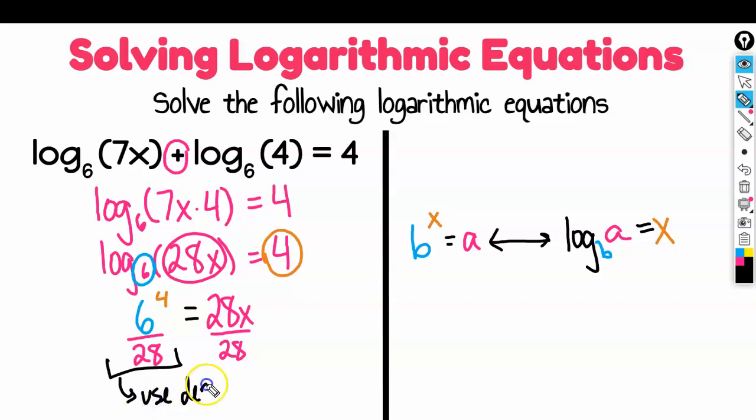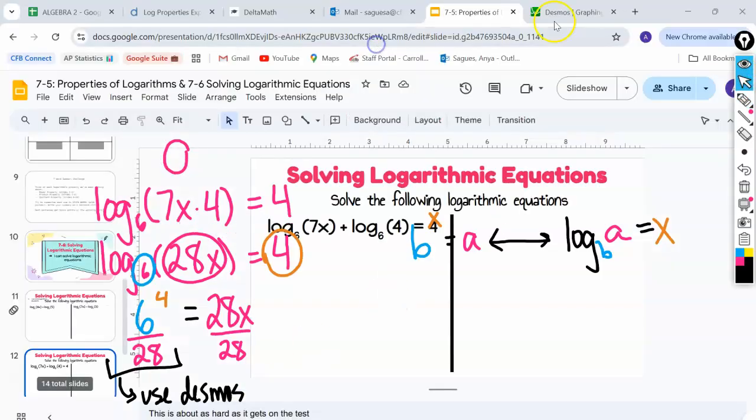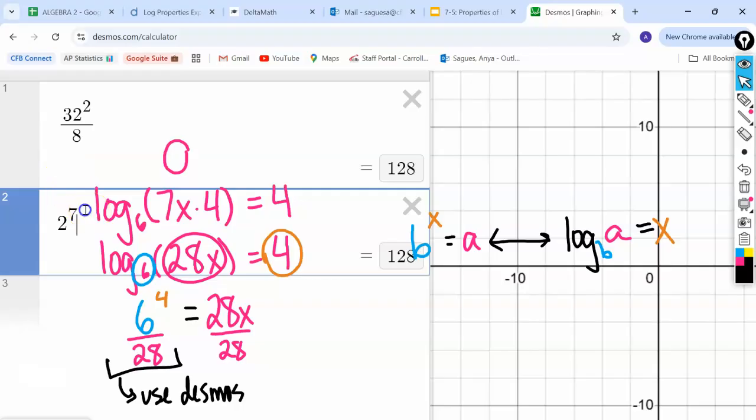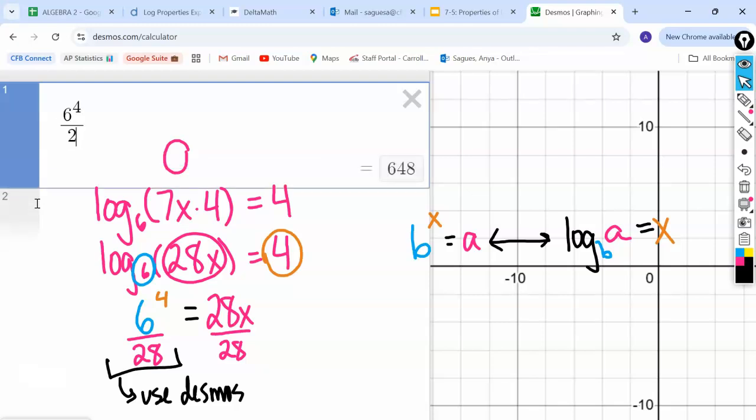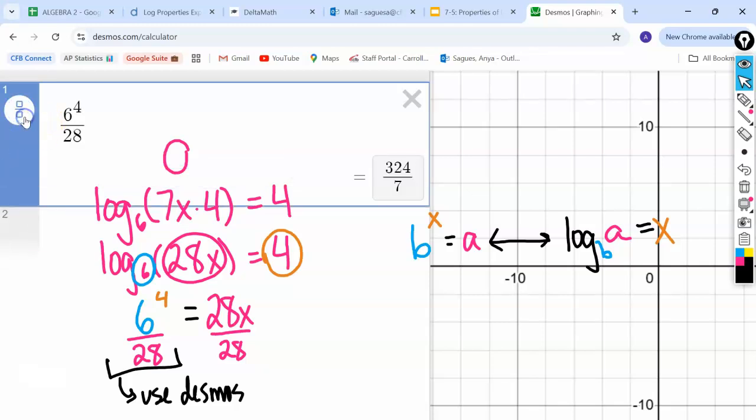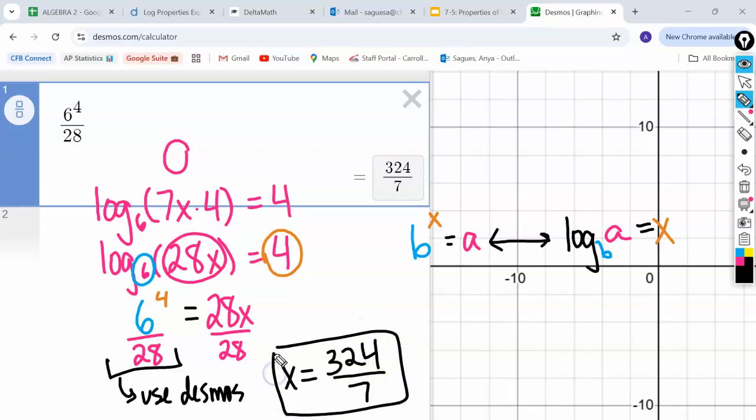When I do, I think it's a decimal. 6 to the 4 divided by 28 it is. So we can use the fraction button to just make it a simplified fraction. And that is my answer.